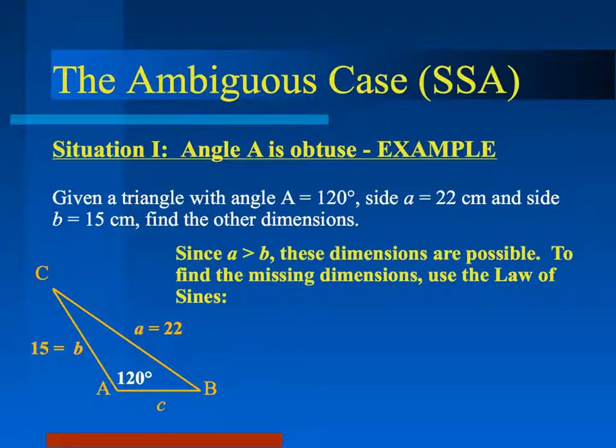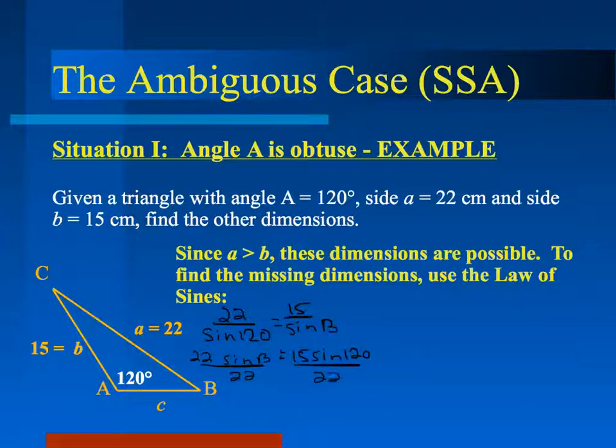So I have little a and big A, so I'm going to set up that as my beginning fraction. And then I have little b, and I need to cross multiply and divide by 22.